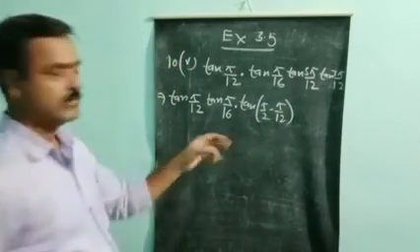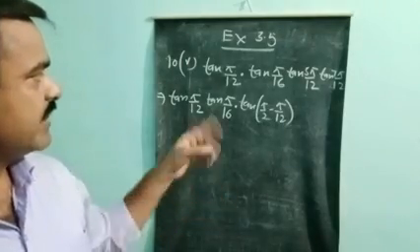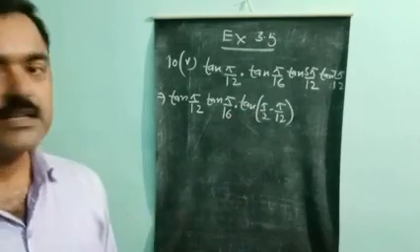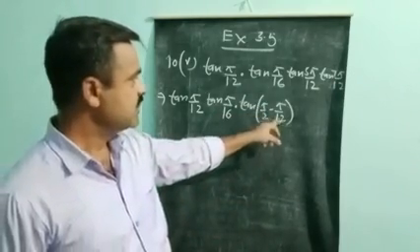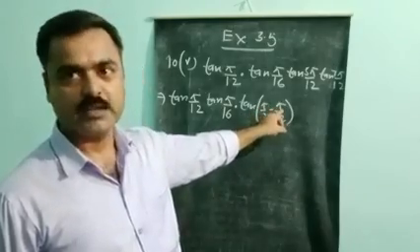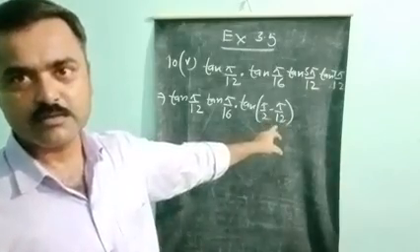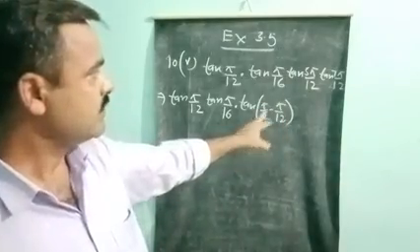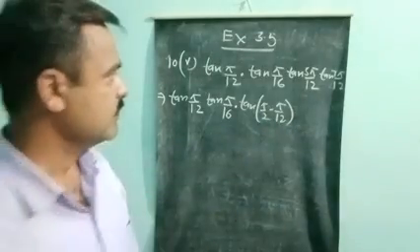Okay? Because if you subtract pi by 12 from pi by 2, then you will get 5 pi by 12, because 12 pi minus 2 pi is 10 pi, divided by 12 into 2, 24, and if you divide by 2, then 2 fives are 10, 2 twelves are 24.